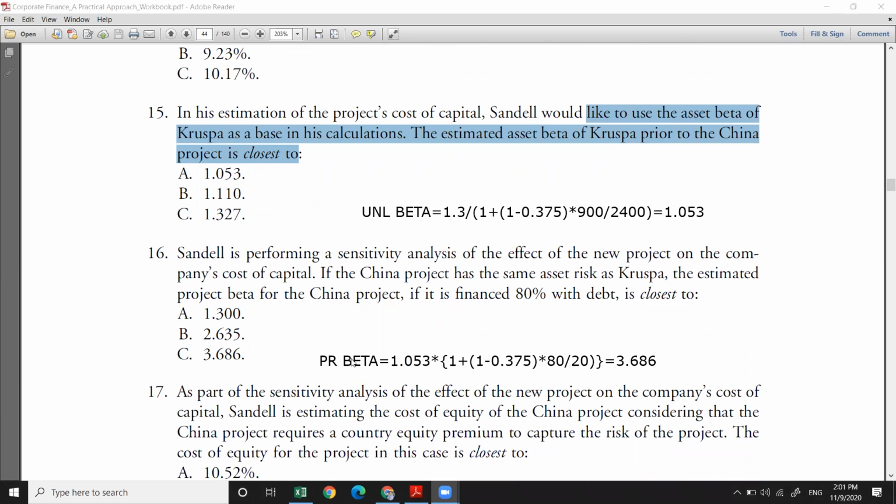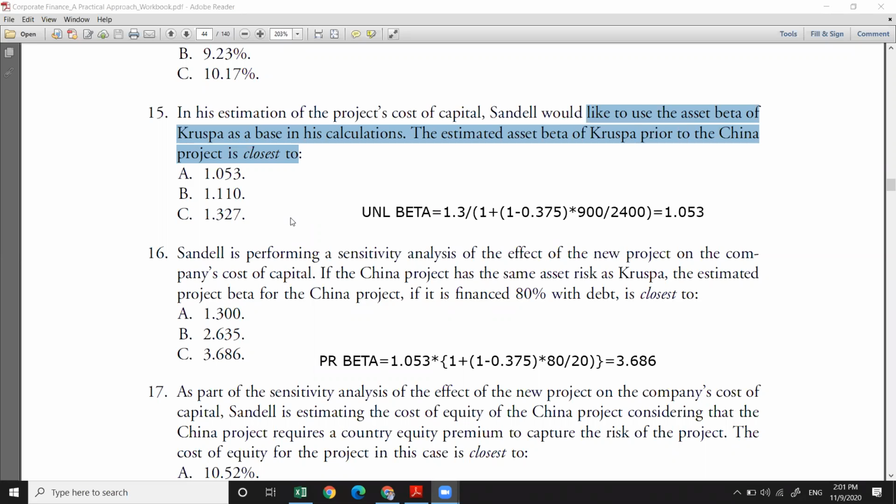In question 17, you're asked to calculate the following. These questions are all correlated; they come as one big question. As part of a sensitivity analysis, the effect of the new project on the company's cost of capital: Sandel is estimating the cost of equity for the China project, considering that the project requires a country risk premium to capture the risk of the project.